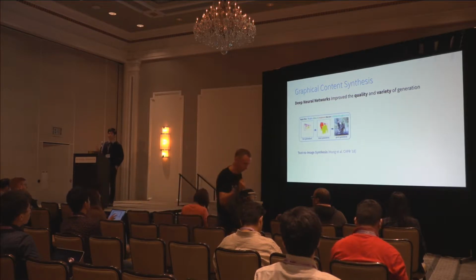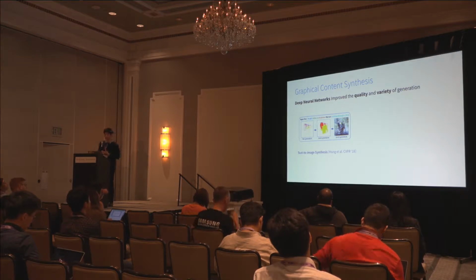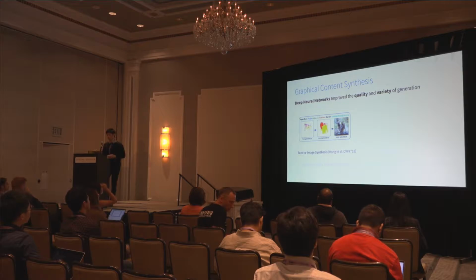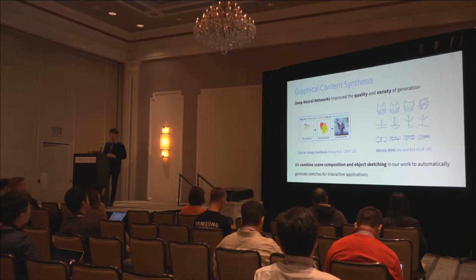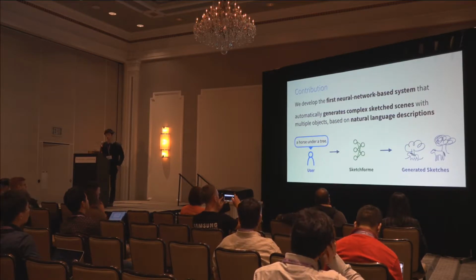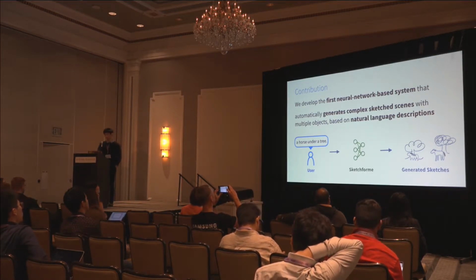In this work, we combine a text-based image synthesis technique that is able to synthesize layouts from text descriptions and a generative model that's able to sketch individual objects to automatically generate sketches in various interaction scenarios, in hope to spread the benefits of sketching to diverse applications. Our main contribution is the first neural network-based system that automatically generates complex sketch scenes based on natural language descriptions.